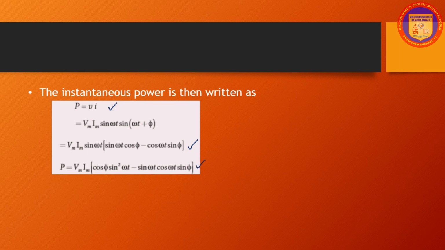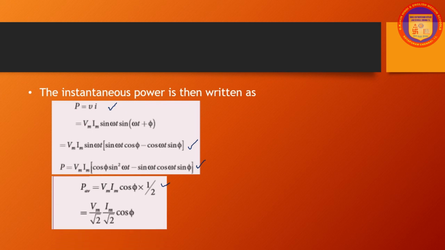Here the value of sin² ωt over a cycle is half, and that of sin ωt cos ωt is 0. So the average power over a cycle, P average, is equal to Vm Im cos φ into 1 by 2. So 1 by 2 can be written as 1 by root 2 into 1 by root 2. Now the average value becomes P average is equal to Vm divided by root 2, Im divided by root 2, into cos φ.